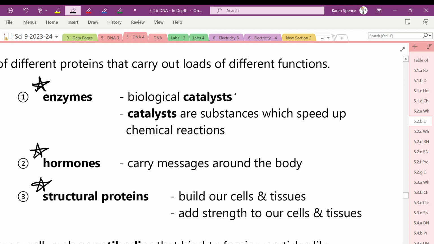We're also going to learn the word catalyst, because if you don't know what a catalyst is, you don't know what an enzyme is. Does anyone remember what catalysts do? They speed up chemical reactions.